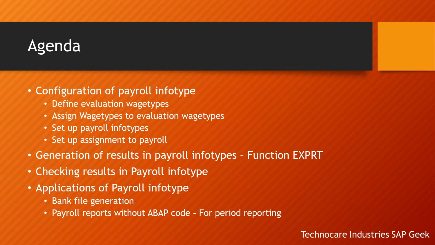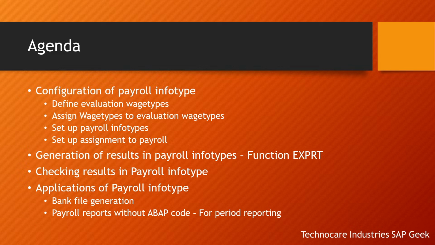One is, as I told you, bank file generation. The /559 or the net pay for any period does not change in payroll past. Any such wage types which do not change in payroll past can definitely be used in the payroll infotype, and we can reduce the amount of time taken by the program. The second one is the scenario where we need results only from the latest for-period.